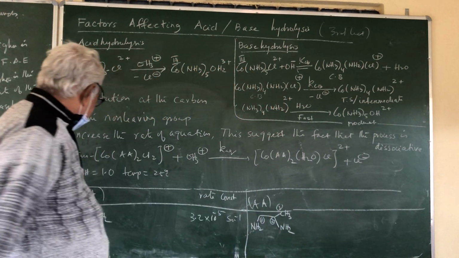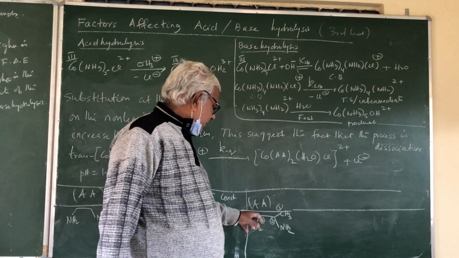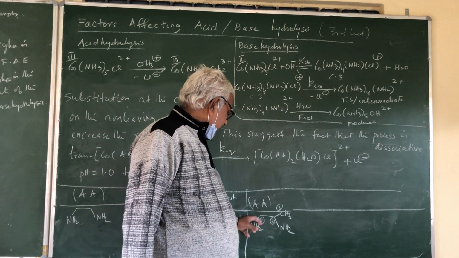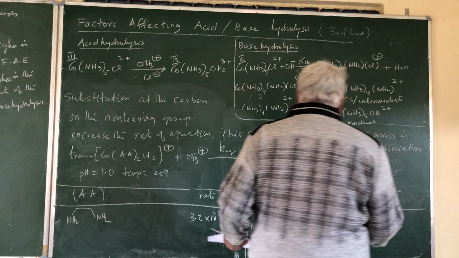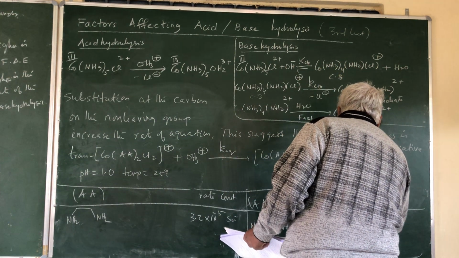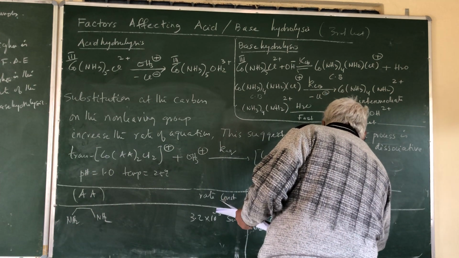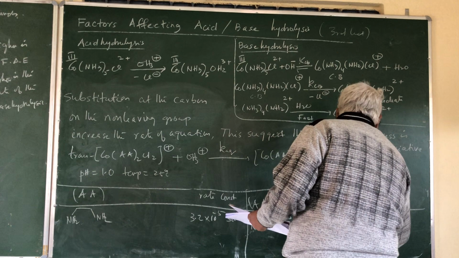So this is ethylene diamine. This is 1,2-diaminopropane, with carbon number 1, carbon number 2, carbon number 3. For 1,2-diaminopropane the rate is 6.2 into 10 power minus 5 per second.